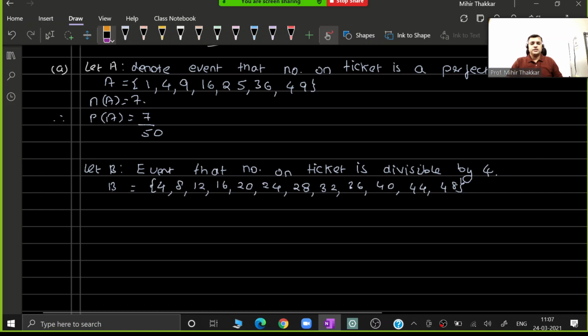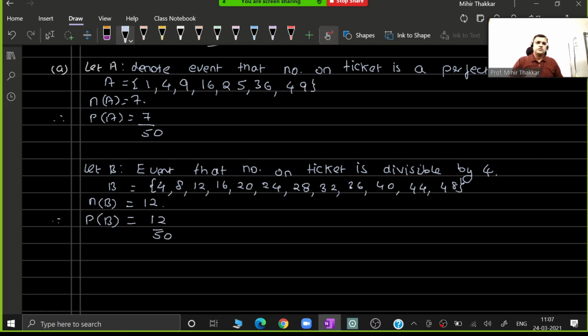So basically the event B over here has got 12 outcomes. So P of B comes out to be 12 by 50. Do not reduce, leave it as it is because anyways I want to use the original value.